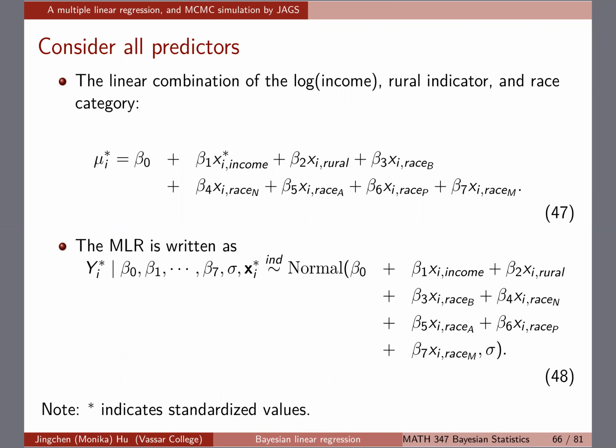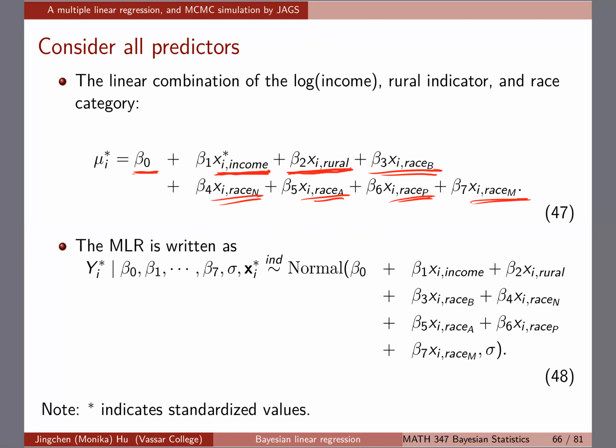If we're going to consider all predictors, it's a little bit tedious, as you will have to write all of them out. Here, beta 0 is going to be a general intercept. And don't forget that we have this continuous income, the log income, which is the first predictor that we consider. Then this is the binary predictor. And when you have a categorical predictor, you're creating a bunch of dummy variables.